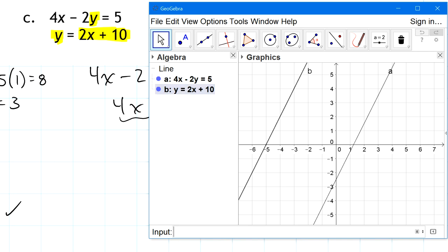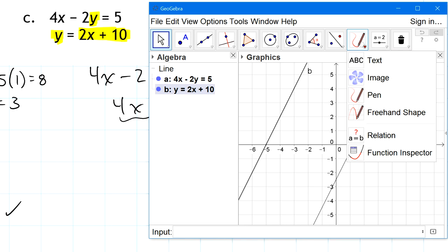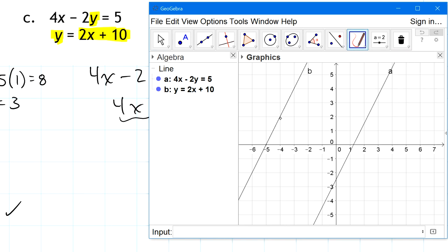I suspect, looking at it here, that these are parallel lines. And to confirm that, I do want to look at a couple points. If I look at this point, for example, and this point, I can see it's up 2 over 1. So I've got this rise 2, run 1. And I can see the same slope pattern.